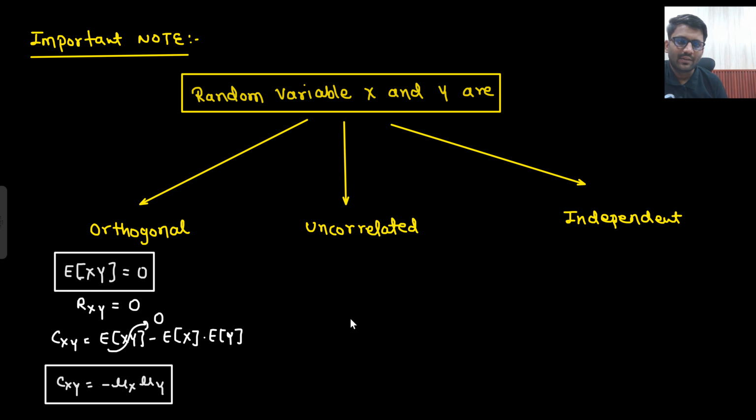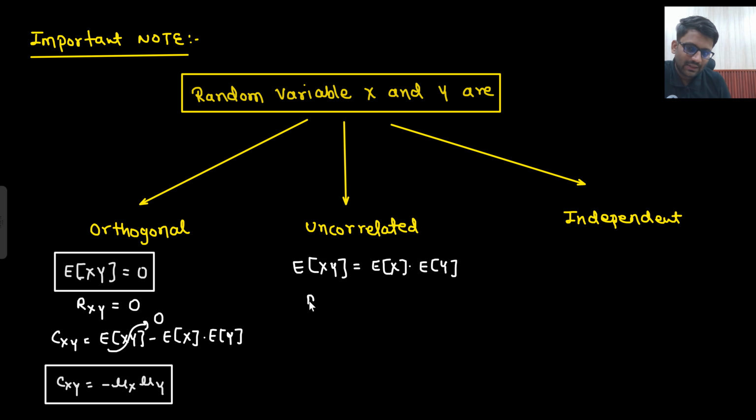Uncorrelated. If it is given that x and y are uncorrelated random variables, that means expectation of xy, E of xy, would be equals to E of x dot E of y. Basically, you can separate them. Is that okay for you? Expectation of xy would be equals to expectation of x dot expectation of y.